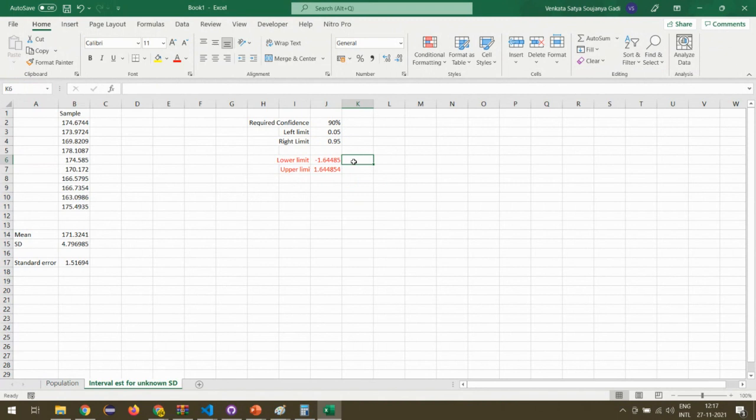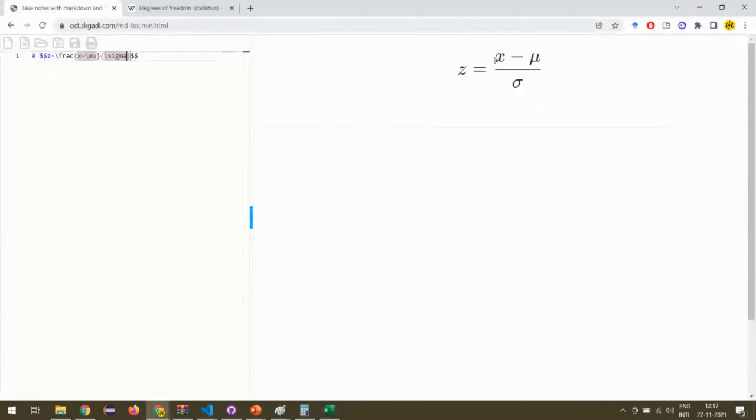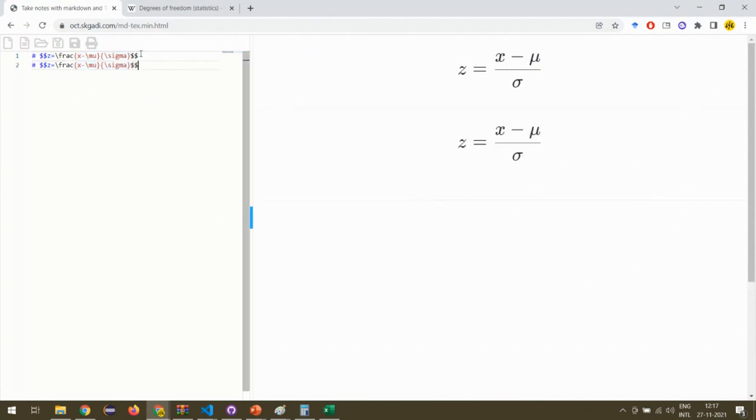So how do I calculate lower and upper limit is, we know the formula Z, let me write it here again. Z equals X minus mu divided by sigma. If I already know Z and I want to know X, how do I calculate X?